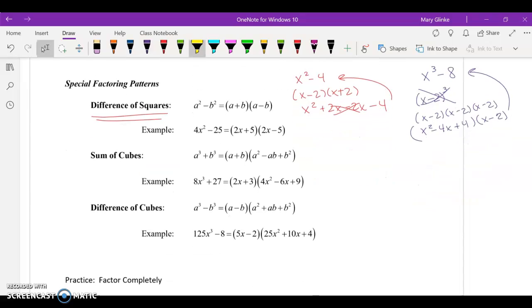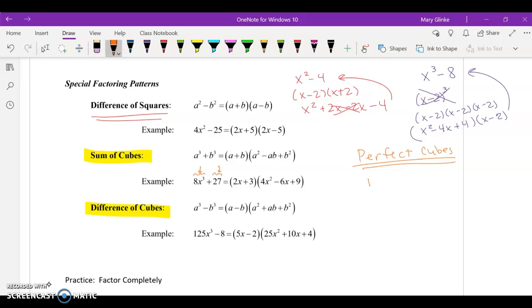So here's where sum and difference of cubes is going to enter into the picture. We can use this formula when we have one perfect cube and another perfect cube separated either with addition or subtraction. So it's important to note what our perfect cubes are, because we have to be able to identify if something is a perfect cube.